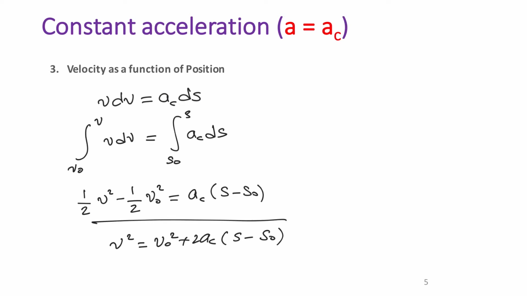Again, we can also write this in a vector notation by also specifying the direction where the vector is positive. For example, the right-hand side is positive and the left-hand side is negative.